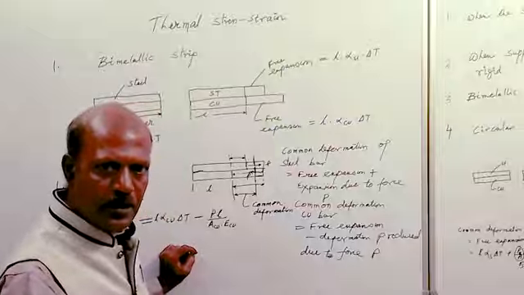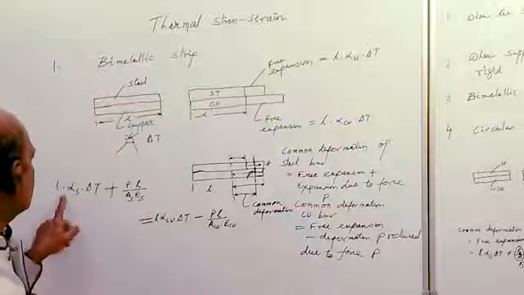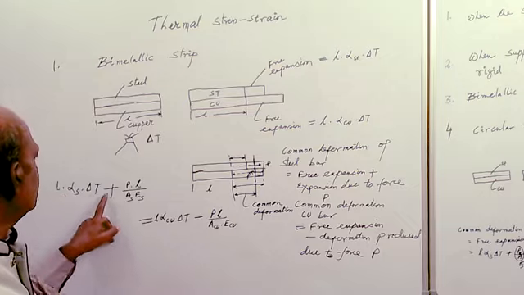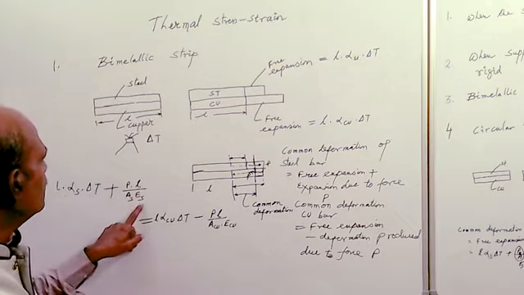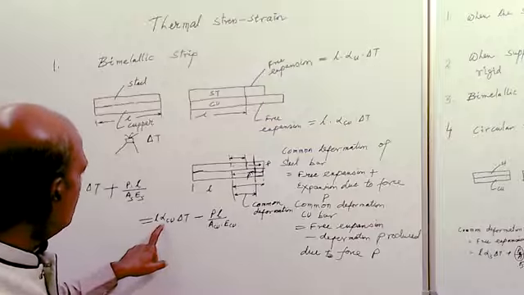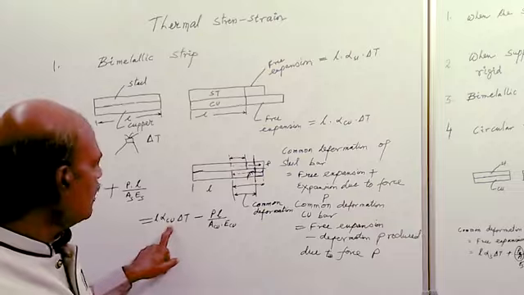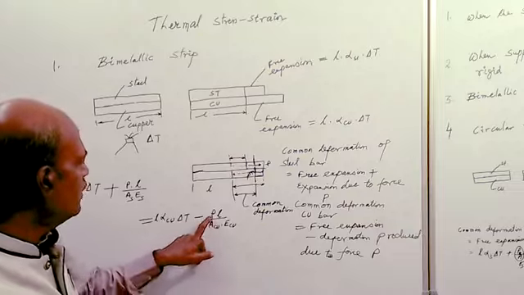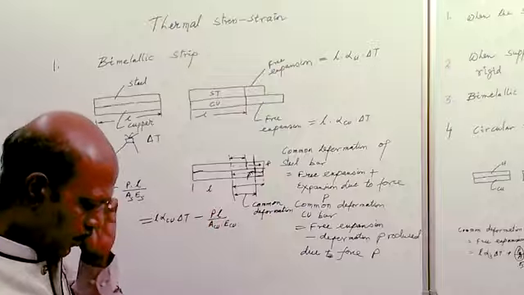And mathematically we can write L alpha S delta T plus P into L by A S into E S is equal to L into alpha copper into delta T minus P into L by A copper into E copper.